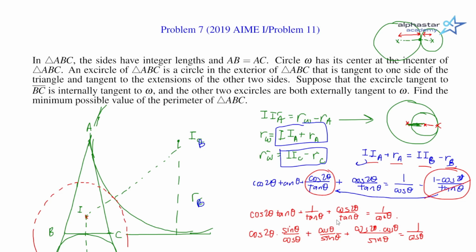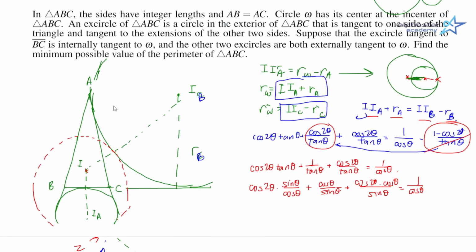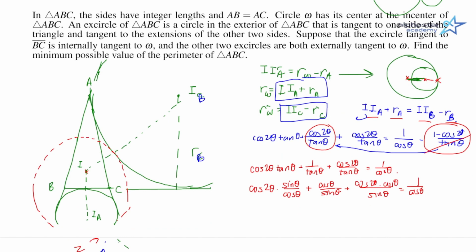At this point, we can multiply through by cosine theta times sine theta. We're going to get a lot of terms with cosine squared and sine squared and so on. And it turns out that we can write a single equation in terms of sine theta, and that equation happens to be quadratic. I'm going to write it here, but we can go through that process to get sine theta.